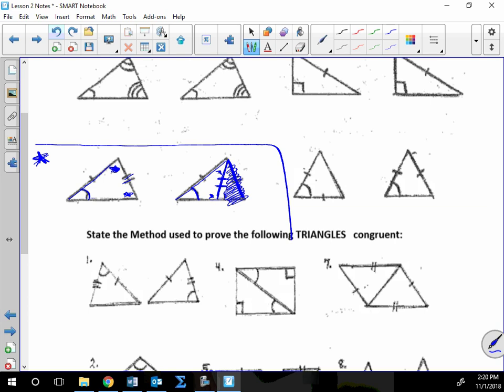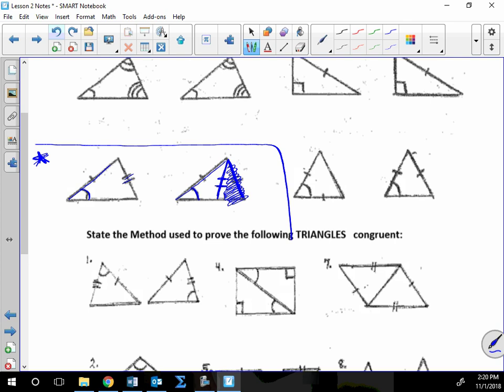So that side-side angle does not guarantee that the triangles are congruent because it's actually possible for it to have been this triangle instead. So they could be congruent, but we don't know for sure. So we have insufficient information to determine that they are. So this is why the bad word does not work. It's easy to remember it doesn't work because it's a bad word, but mathematically speaking, this is why.